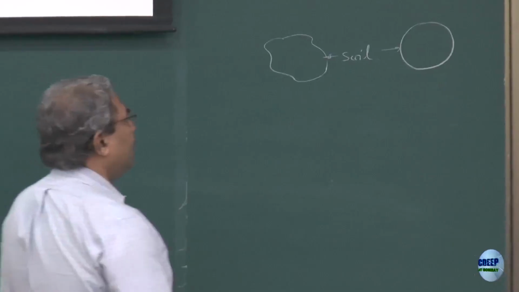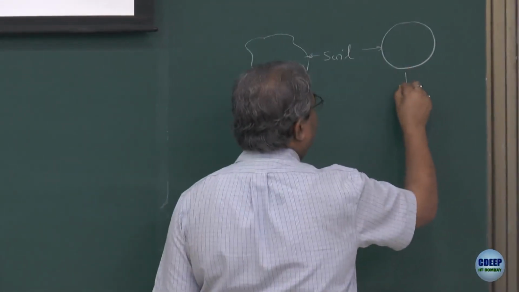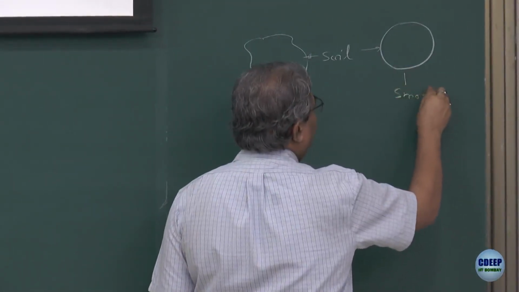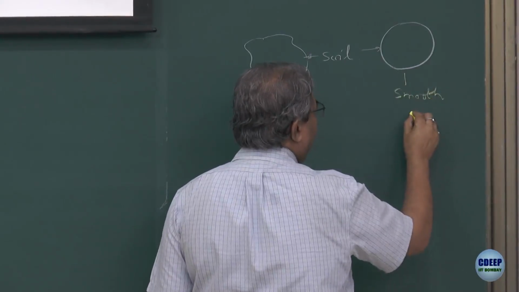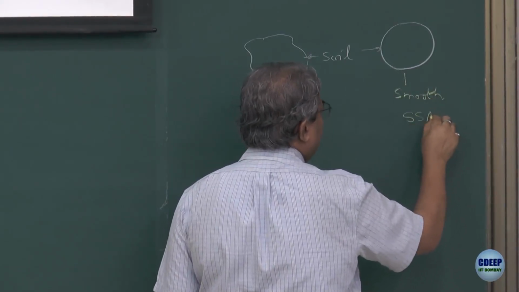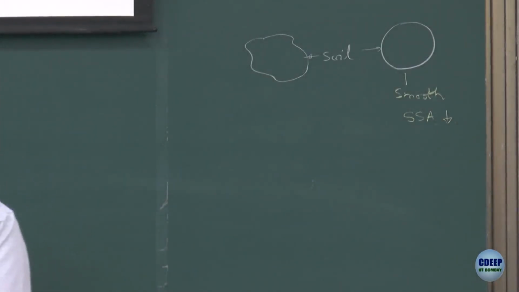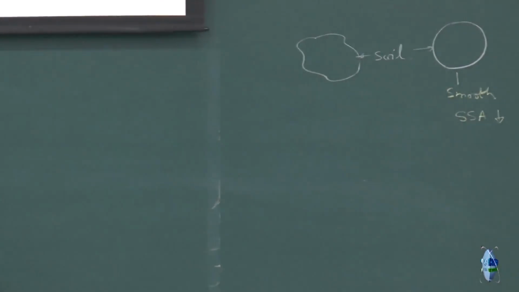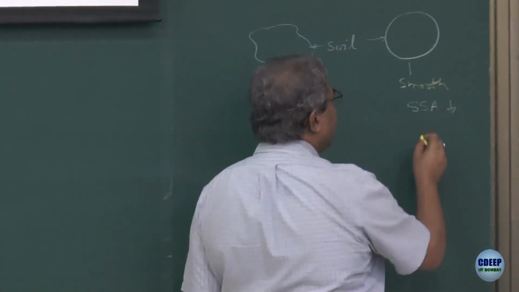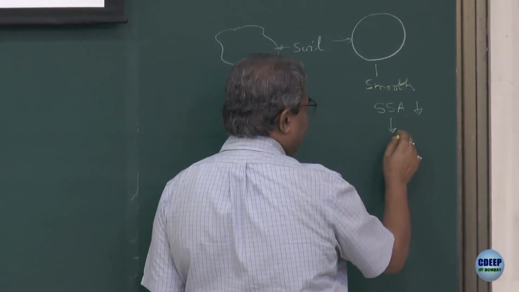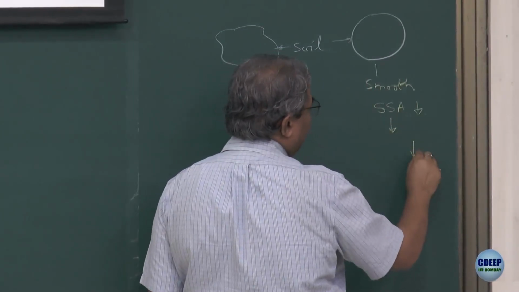Anything which is smooth is bound to give you very low specific surface area as a thumb rule, all right, very small specific surface area. When specific area is very small, its reactivity with the environment is going to be extremely small.